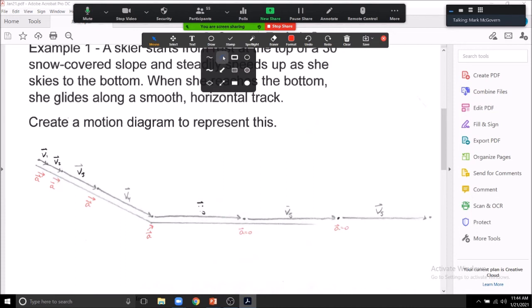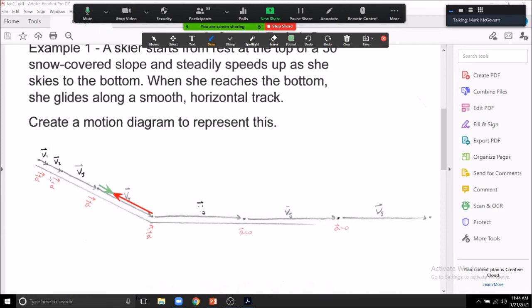Let me draw vector 3 flipped over. If I flip vector 3 around, it's going to look like that, basically. If I draw this in green now, this is my delta V, which is also my acceleration. So I drew a little acceleration vector under my point, and I labeled it A.